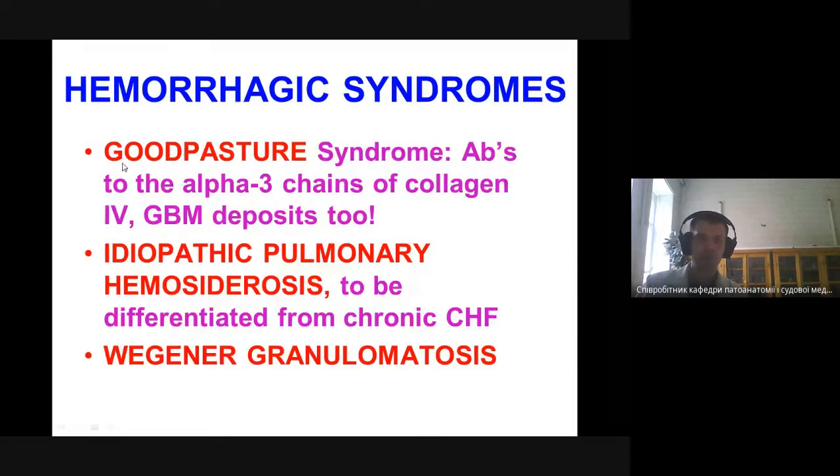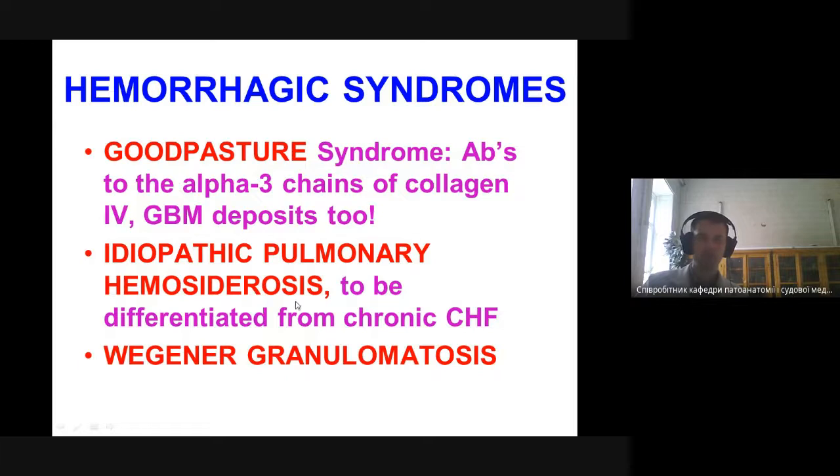Hemorrhagic syndromes: Goodpasture syndrome, antibodies to the alpha-3 chain of collagen 4, glomerular basement membrane deposits too. So two problems together: in the lungs with bleeding into the alveoli, and in the kidneys with nephritic syndrome.